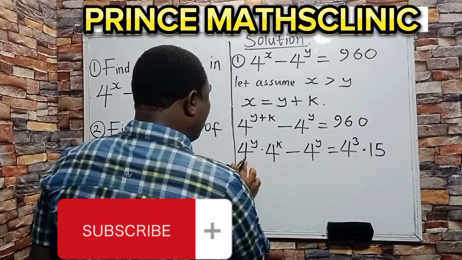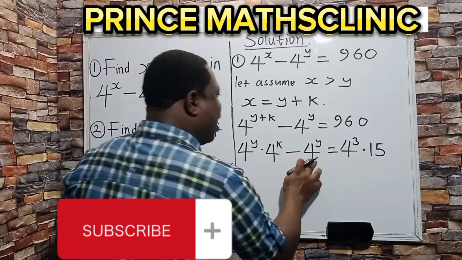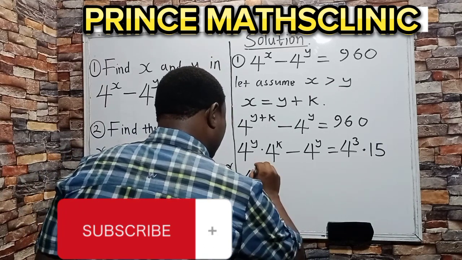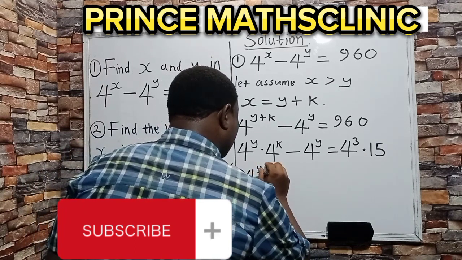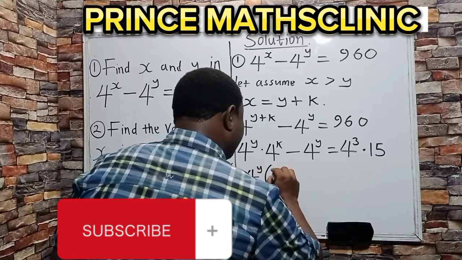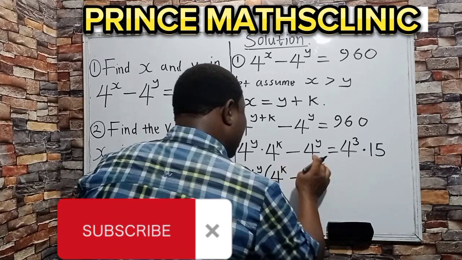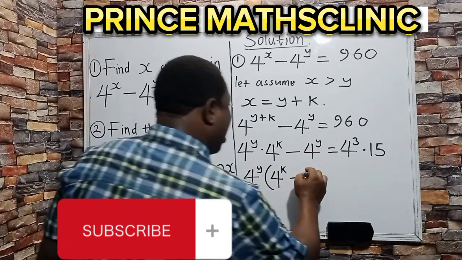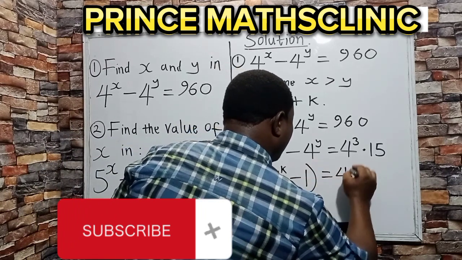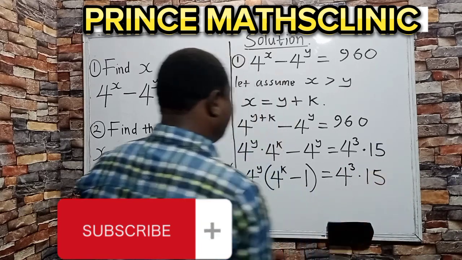So I can factor out 4 to the power of y, because I have 4 to the power of y here and 4 to the power of y here. Now what I have left here is simply what? 4 to the power of k. Then since 4 to the power of y is out, I have just 1 left here, all equal to 4 to the power of 3 times 15.